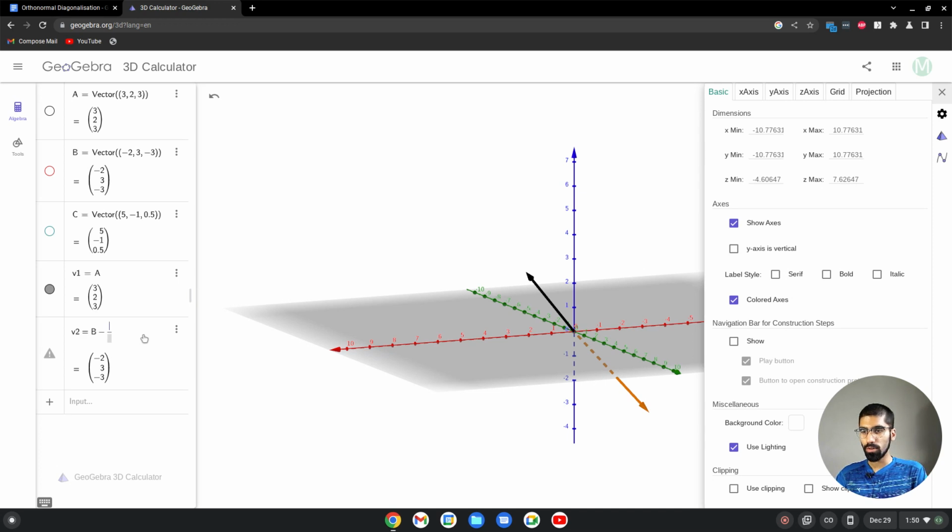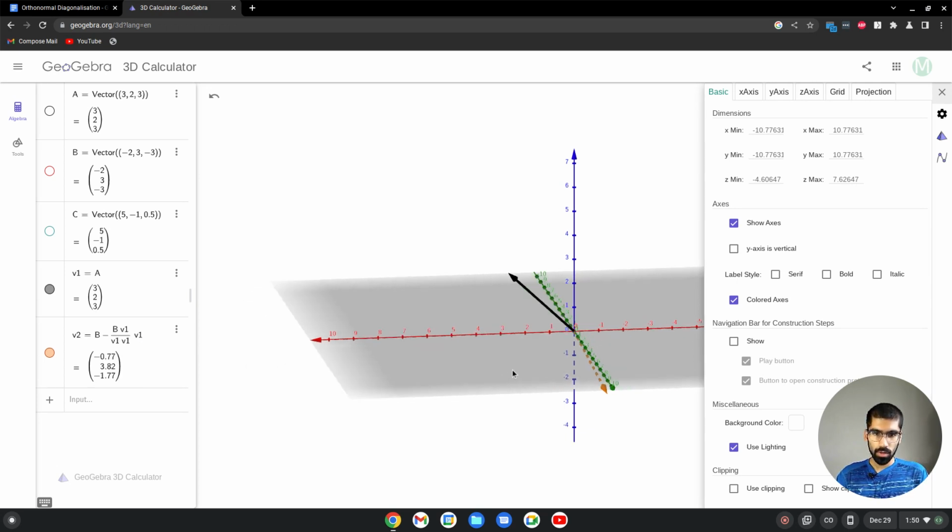I'm gonna have to use the projection formula here. So we're gonna get rid of the projection of B onto V1. Yep, here we are.